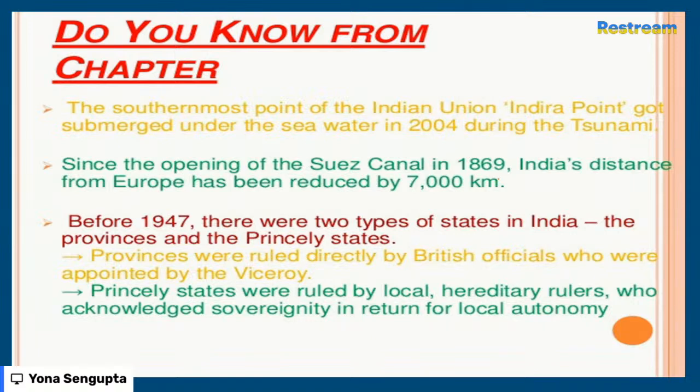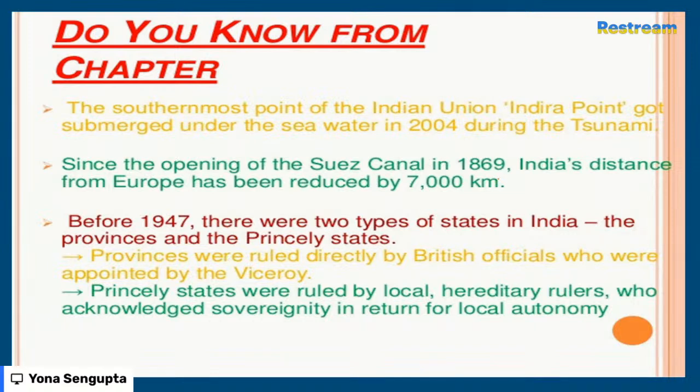Since the opening of the Suez Canal in 1869, India's distance from Europe has been reduced by 7,000 kilometers. Again, before 1947 there were two types of states in India, the provinces and the princely states.